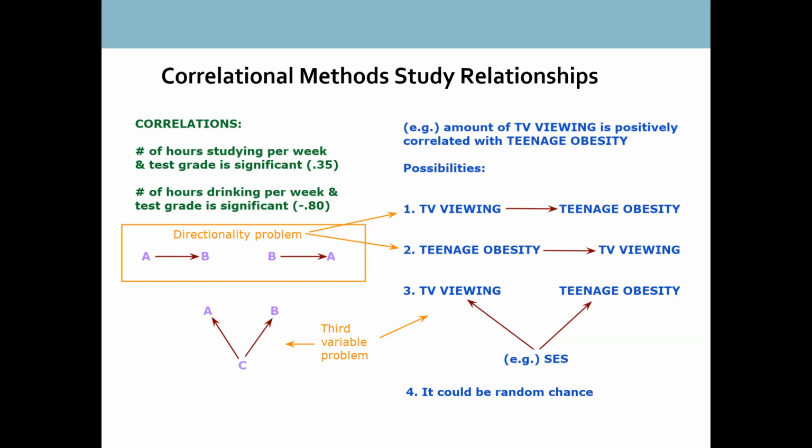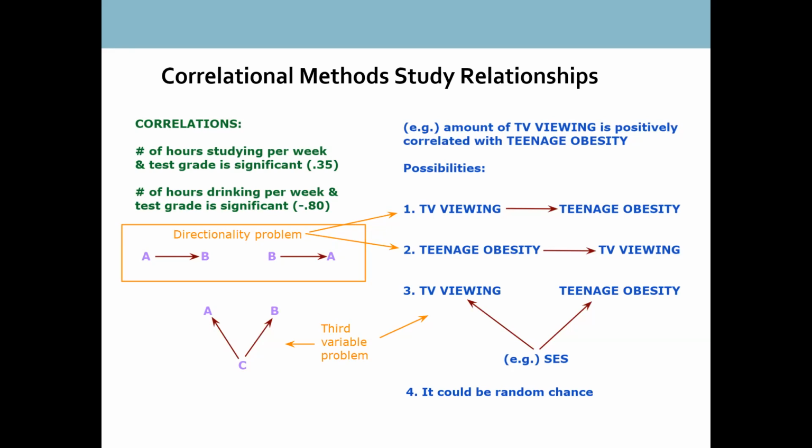So it may be that the socioeconomic status of the subjects is causing the variables of TV viewing and obesity to be related. People that have a higher SES tend to have less TV viewing and less obesity. People of a lower SES have more TV viewing and more obesity. So the TV viewing may not be having anything to do with the obesity, and the obesity has nothing to do with the amount of TV viewing. They just end up being related because of socioeconomic status.